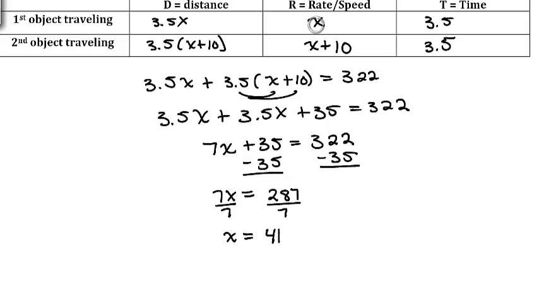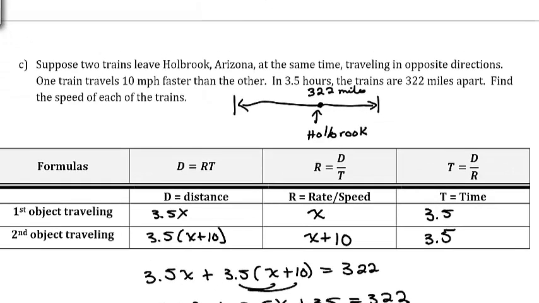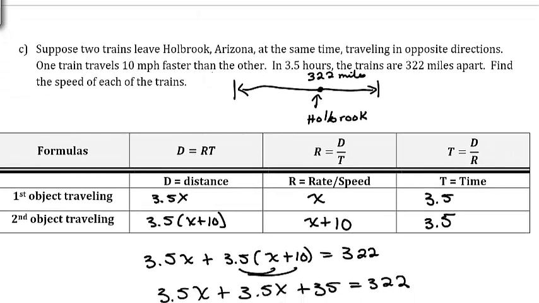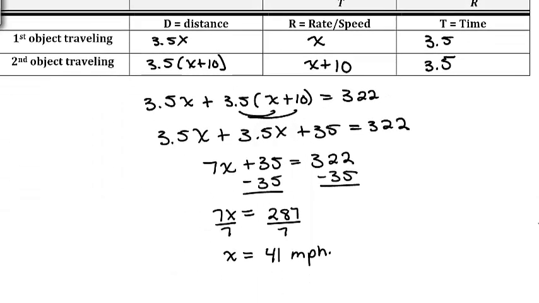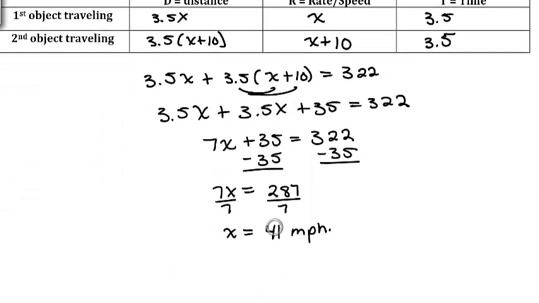And so x, remember, was the speed of the first train, and so that's miles per hour. And the question was asking us to find the speed of each train. And so if the speed of the slower train was 41 miles per hour, then we have to add 10 to get the speed of the other train, so that would be 51 miles per hour.